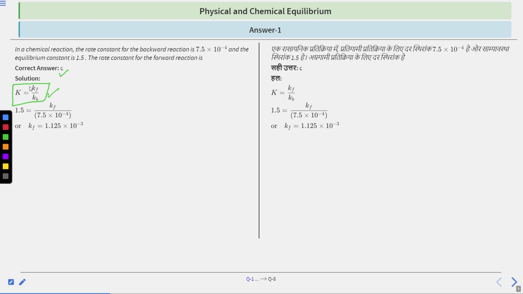On putting the values, we have K as 1.5, Kf as Kf because we have to find the forward reaction rate constant, and Kb as 7.5 into 10 to the power minus 4. So Kf is equal to 1.125 into 10 to the power minus 3. Hence, option C is the correct answer.